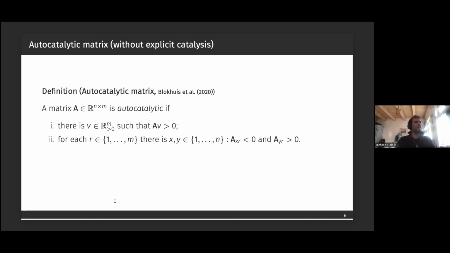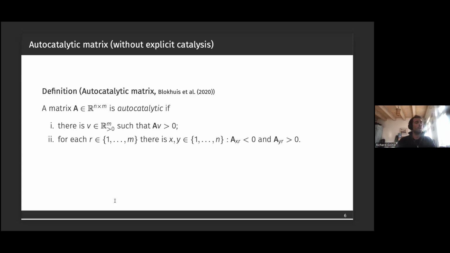Okay, and with this, we can start with the definition of an autocatalytic matrix. An autocatalytic matrix is a submatrix of the stoichiometric matrix such that two things are satisfied. First of all, we want for each reaction, so in each column, a positive and a negative entry, which means that we have a reactant and a product for each reaction.